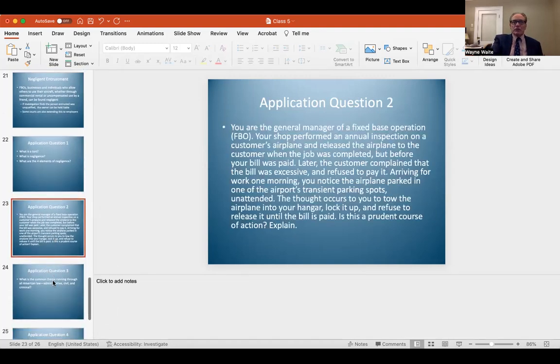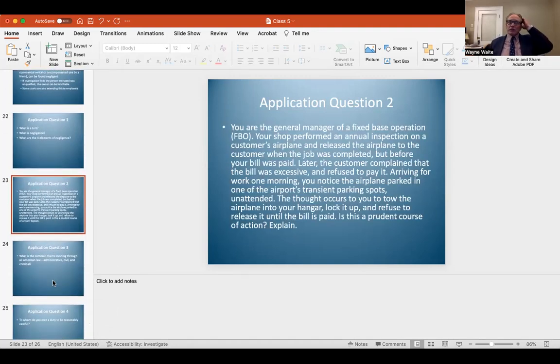Application question number 2. You are the general manager of a fixed-base operation, an FBO. Your shop performed an annual inspection on a customer's aircraft and released the airplane to the customer when the job was completed, but before your bill was paid. So they let the aircraft out before it was paid in full.